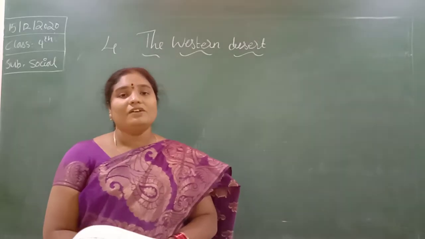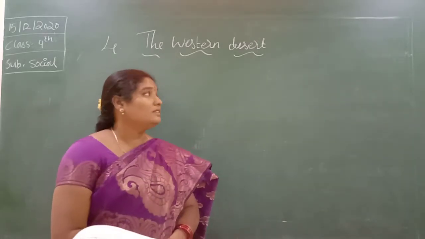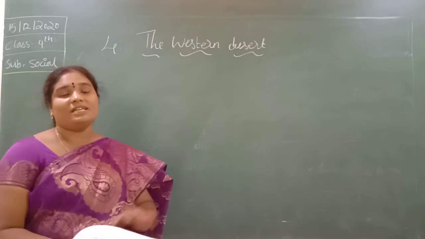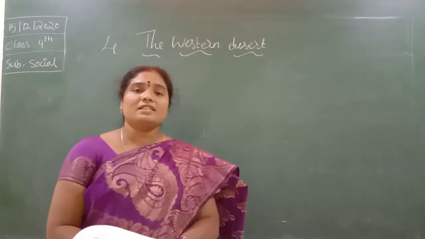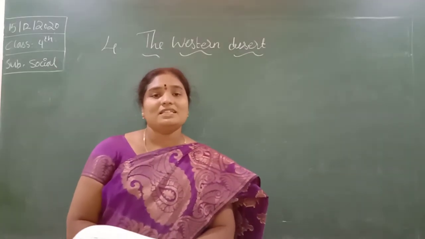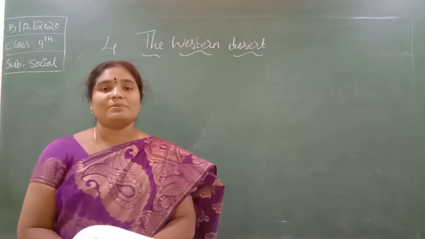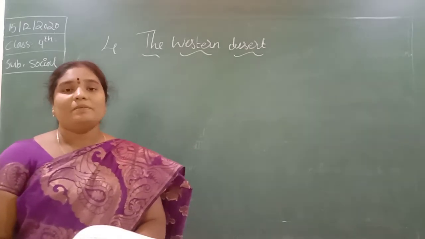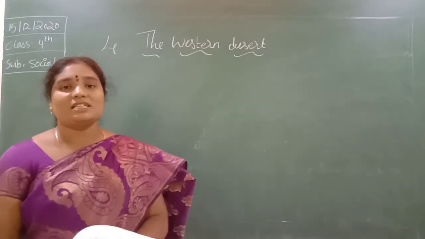The land of the desert is very sandy. At some places we can find hills made of sand. They are known as sand dunes.